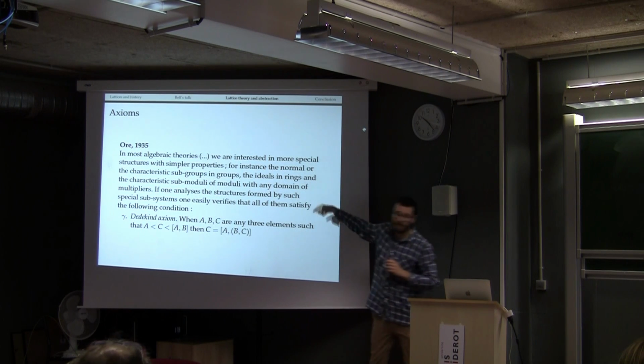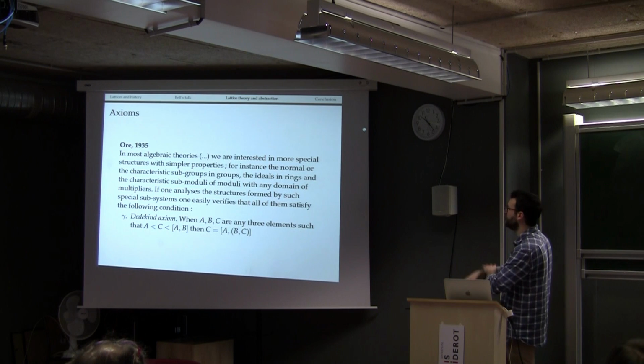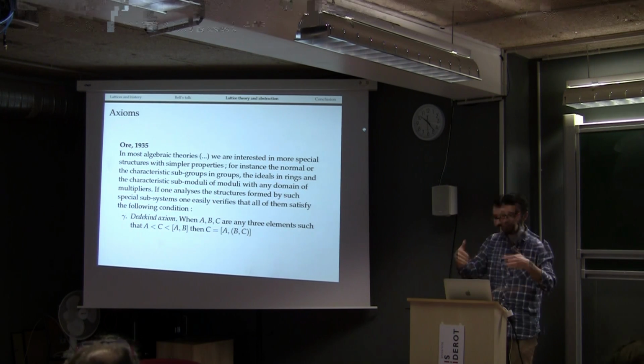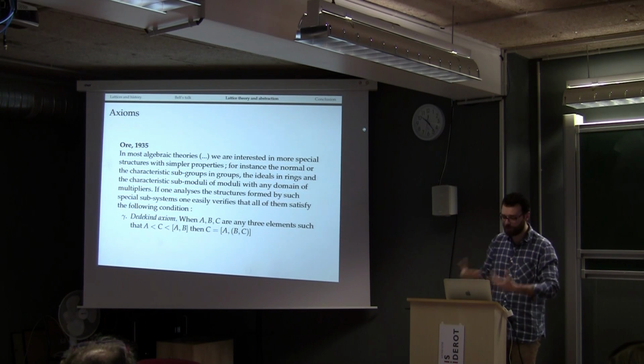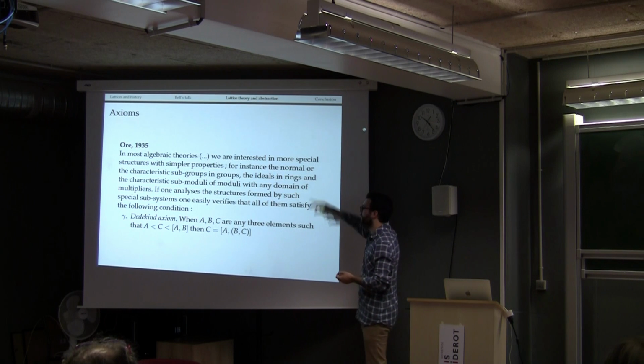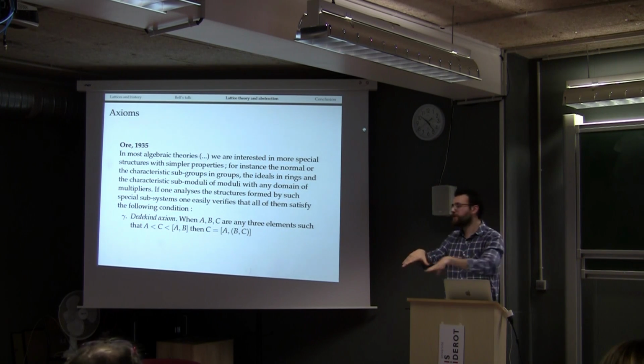So here, as you can see, Birkhoff says that in most algebraic theories, we are interested in more special structures with simpler properties. And he says that, well, for instance, the normal subgroups are interesting, or the ideals in rings are interesting, more than just subgroups.